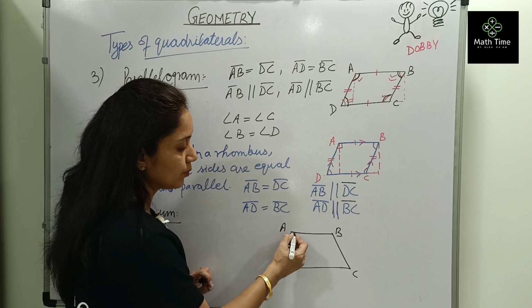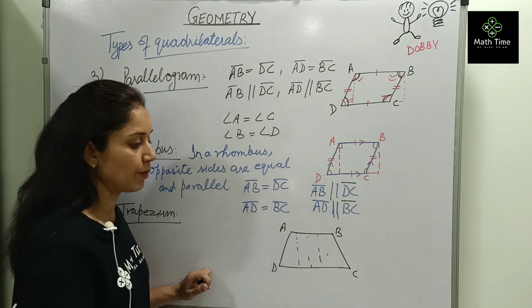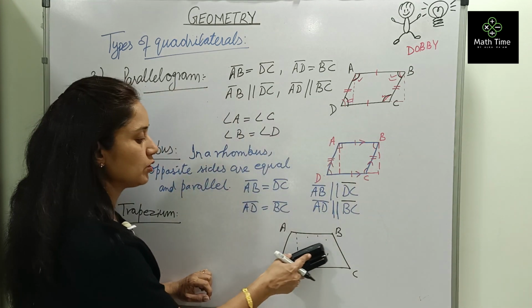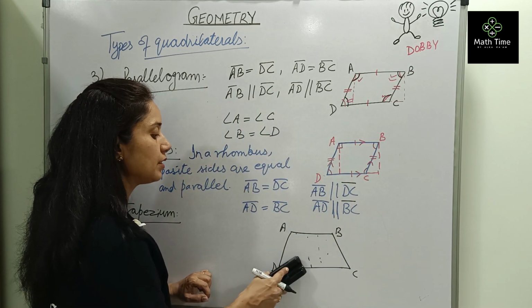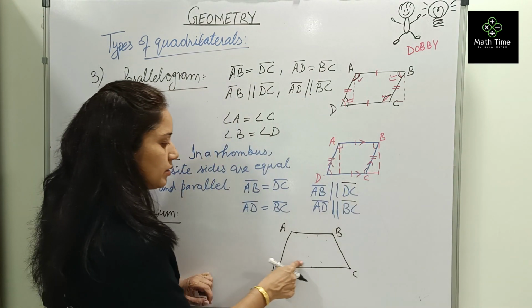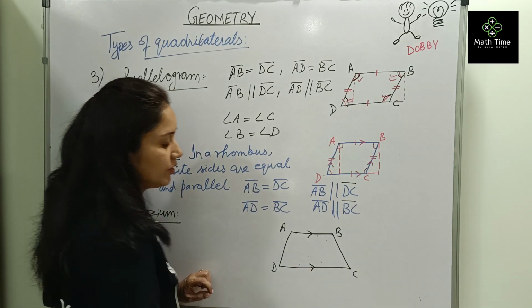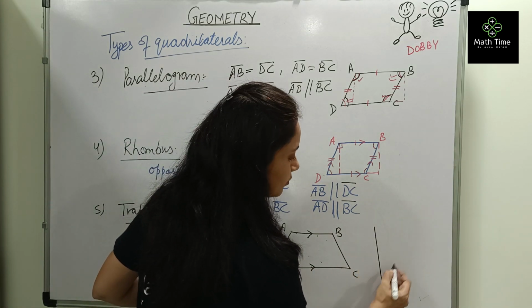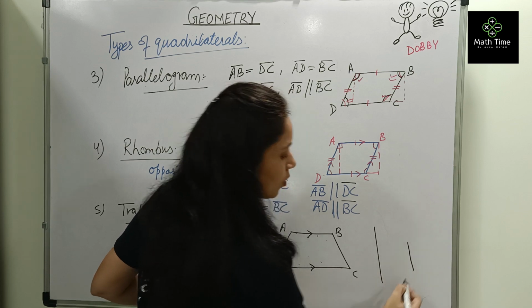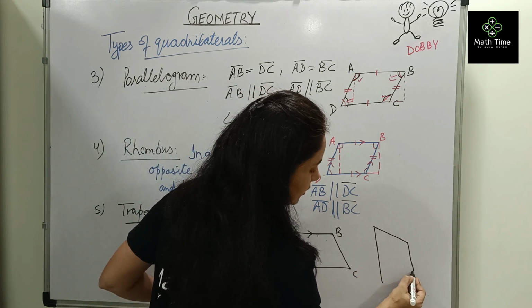That means the distance between them at each point is equal. So this is trapezium. Trapezium has one pair of parallel side. Okay. So AB is parallel to DC. If this shape comes to you like this, two parallel side, one small, one greater, and other sides are joined.